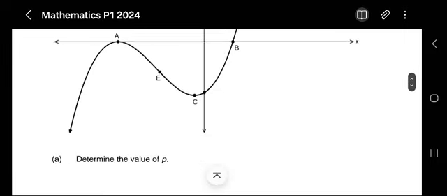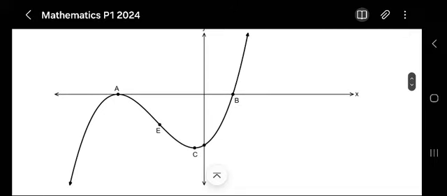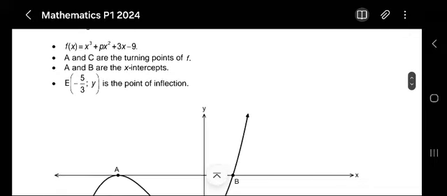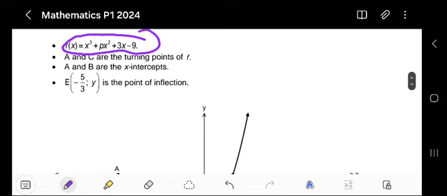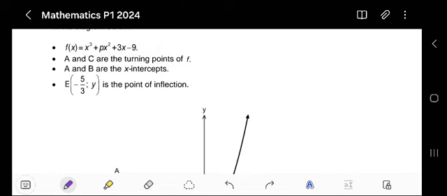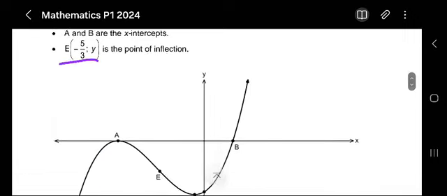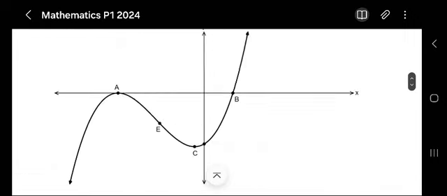All right, let's determine the value of p. So I've been given the point of inflection here. We can take the second derivative, because the point of inflection is the second derivative.